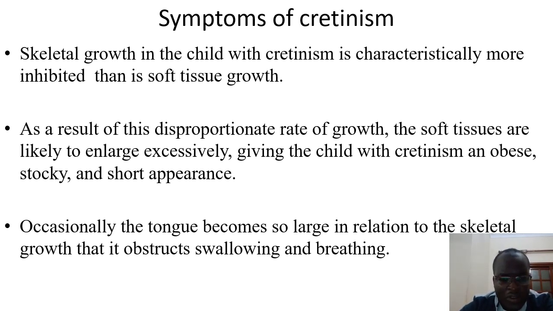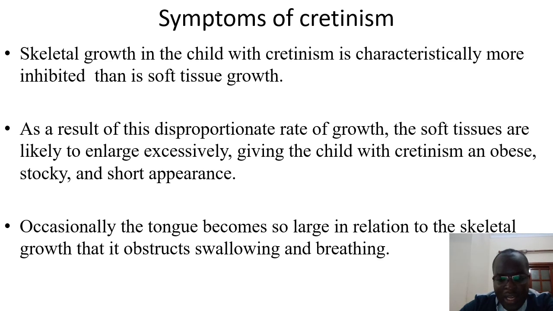As a result of this disproportionate rate of growth, the soft tissue are likely to enlarge excessively, giving the child with cretinism an obese, stocky, or short appearance. So you have a stocky or short appearance because the skeleton is not developing well. The soft tissues, to some extent, are not affected that much, so they are developing.